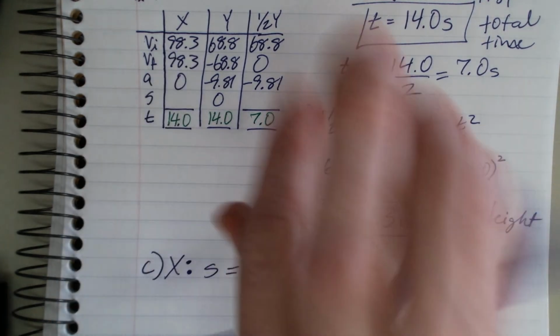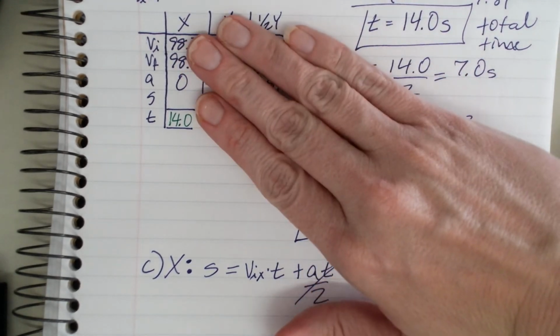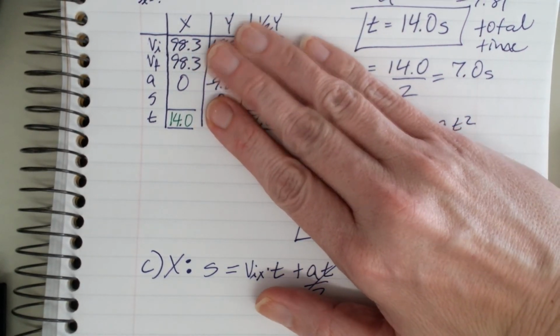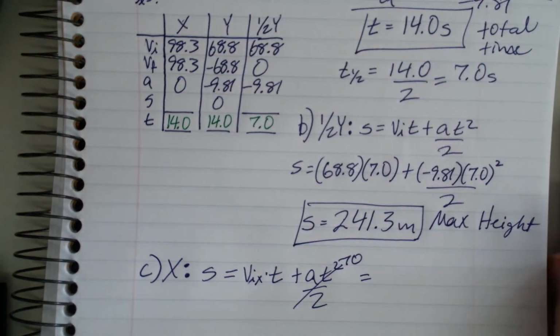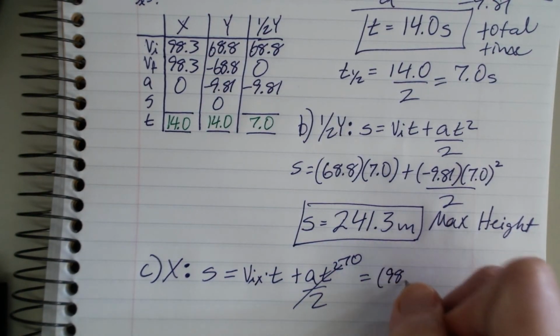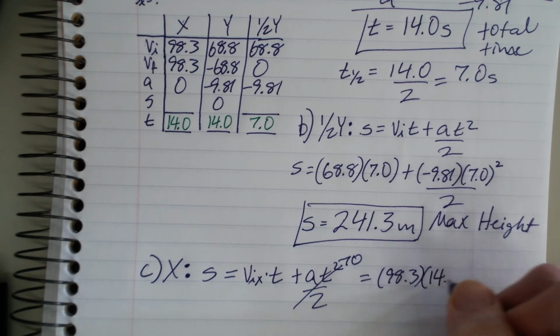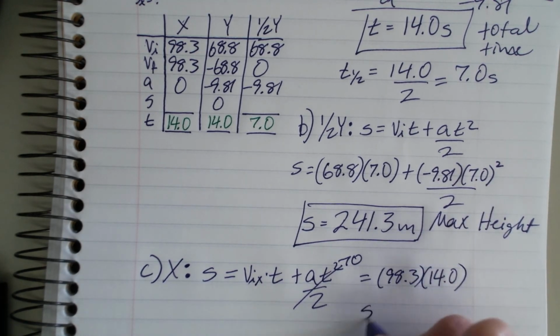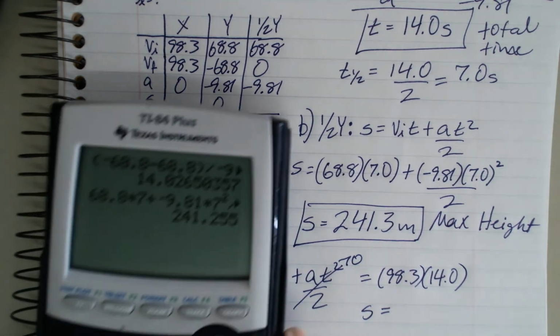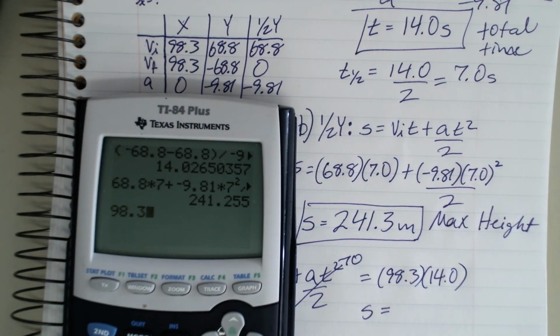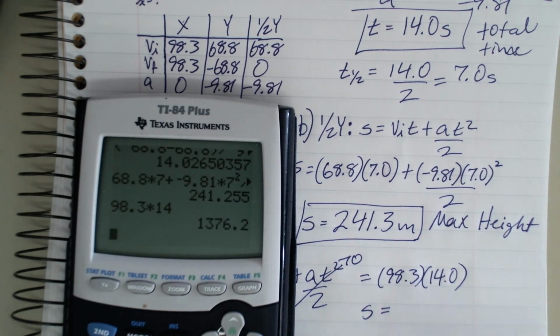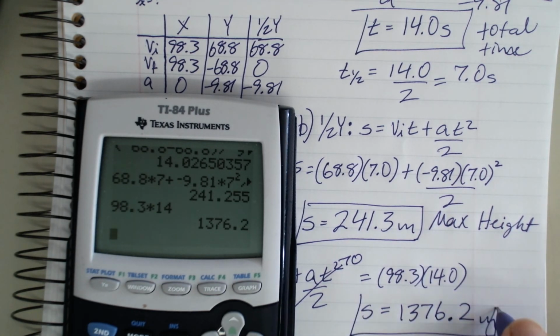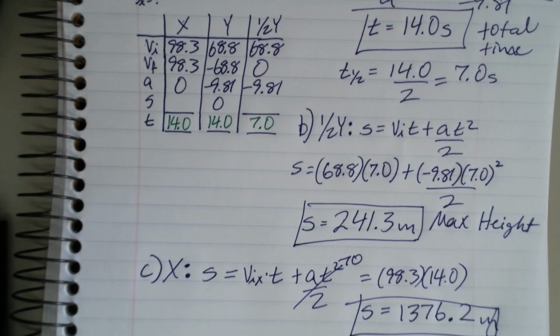Your VI in the X, and again, if I'm doing X data, I'm only looking at the X part of my chart, not the Y or the half Y. So that would be 98.3 times 14.0, which is 1376.2 meters. And that is a typical angled launch problem.